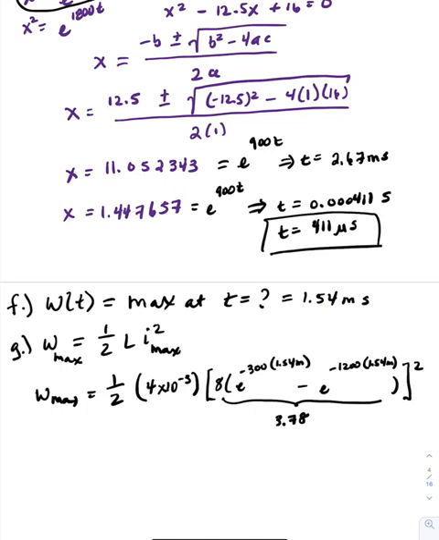Okay, 3.78 squared times 4 milli divided by 2. And W max is equal to 0.028577 joule, which is equal to 28.58 millijoule.